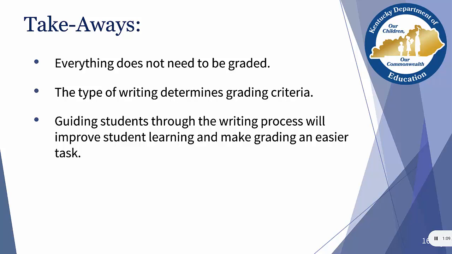So the type of writing determines the grading criteria. Writing to learn is really just completion. They're practicing building that writing skill. Writing to demonstrate learning, they're learning the content. And writing for publication, they're learning to write as well as building their content knowledge.